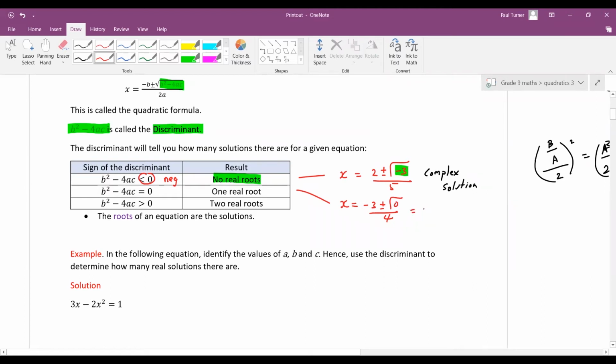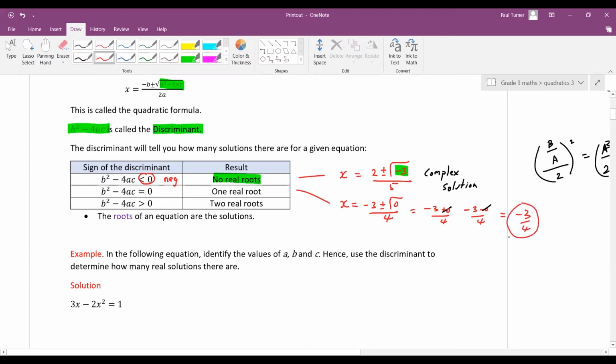So you're going to get 2 solutions, but they're the same number. So you get -3 plus 0 on 4, -3 minus 0 on 4. And obviously the 0 doesn't do anything, does it? So that will cancel off. And you just actually get one answer. So -3 on 4.